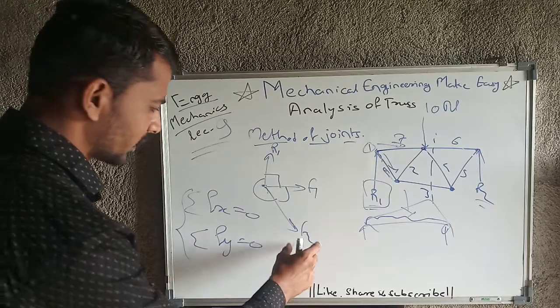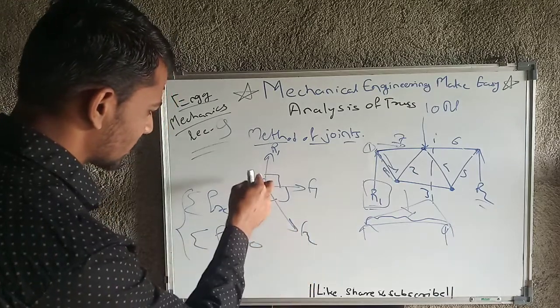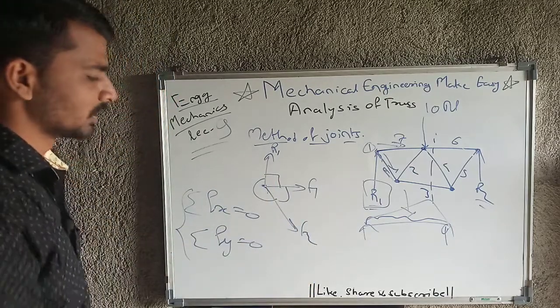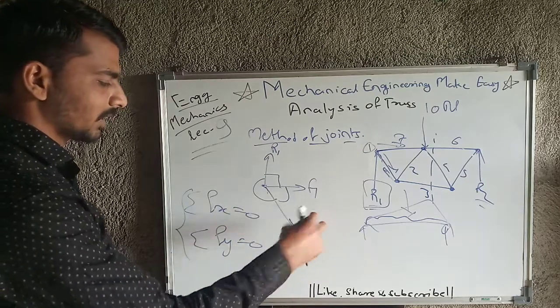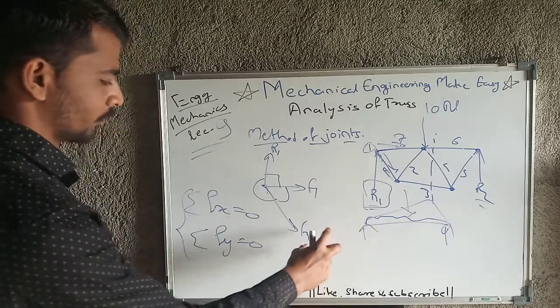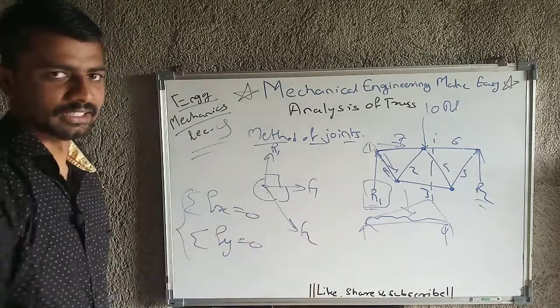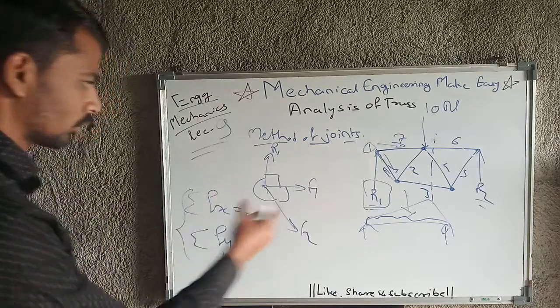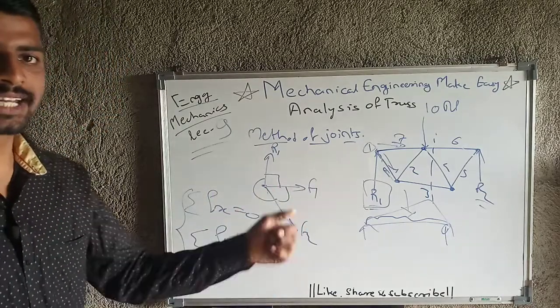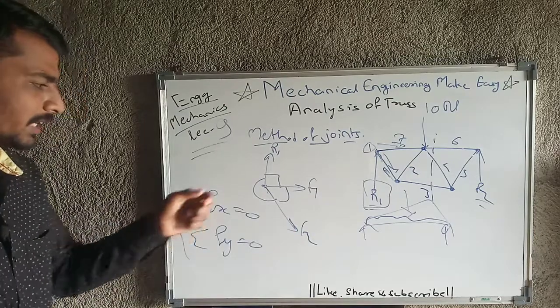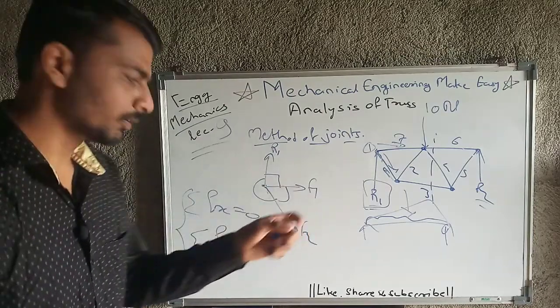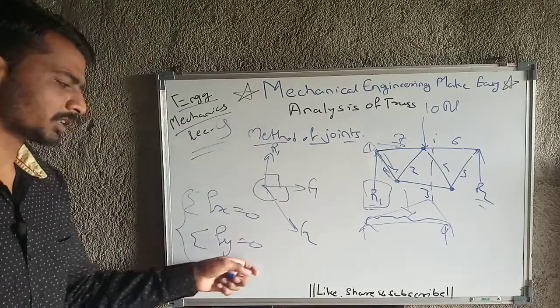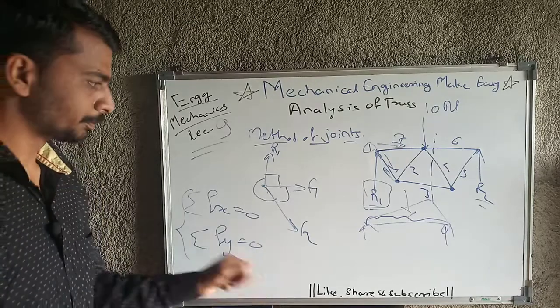In that case, what we need to do is consider this F2 into horizontal and vertical components, and after that at the last we will calculate F2 directly, okay. While solving numericals, definitely I will give you an idea about that also. So if the sine rule is not applicable, then we will consider summation of Fx equal to 0, summation of Fy equal to 0, okay.